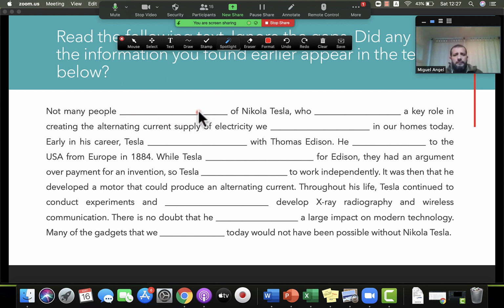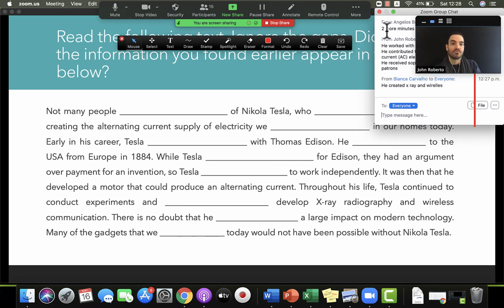Let's focus a little bit, guys, on this gap. What do you think goes here? Not many people know about the present. But is Nikola Tesla alive now? No. So we need another tense.